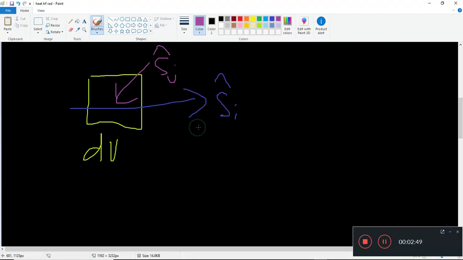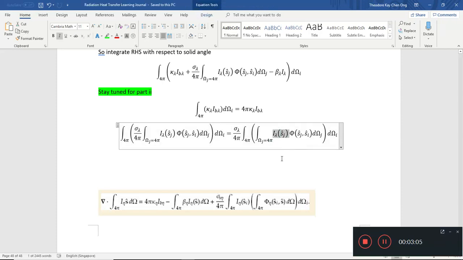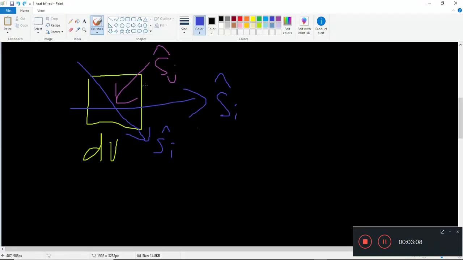No matter how you change direction I, the intensity at direction J, which is what I'm highlighting here, doesn't really matter. Only if you change direction J does the intensity at direction J actually change.